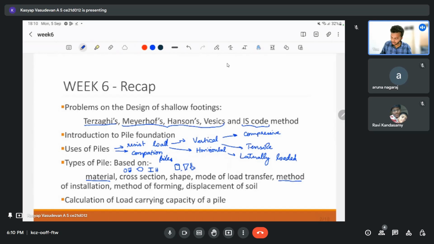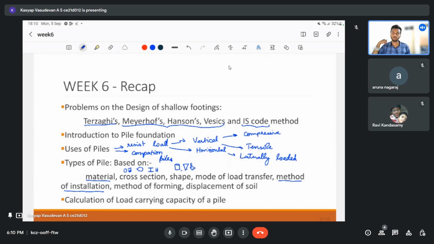Then method of installation. By method of installation, we mean the way it is installed in the field. For example, it can be driven, that is, the pile is ready and we are applying impulses so that the pile is driven into the soil, or it can be a bored pile.